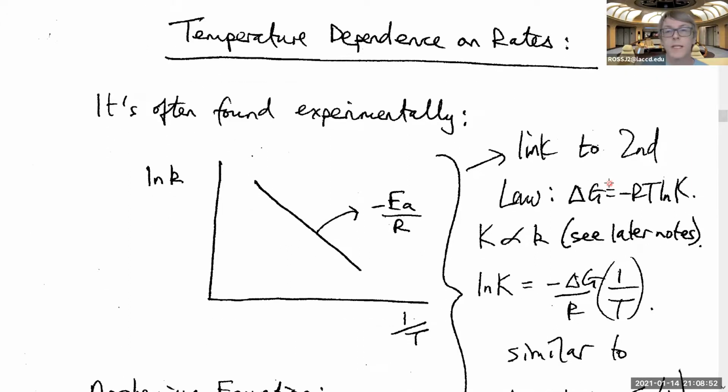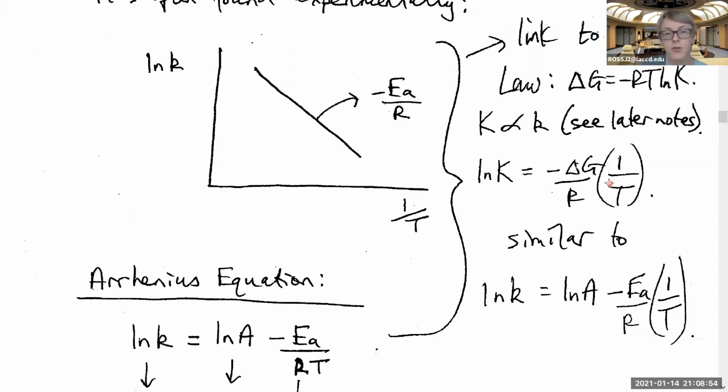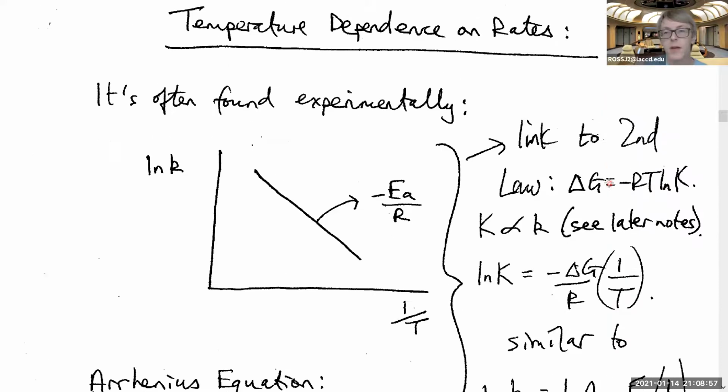So we can see from the Arrhenius equation that it's a straight line equation. For example, the rate constant is A e to the minus activation energy over RT.